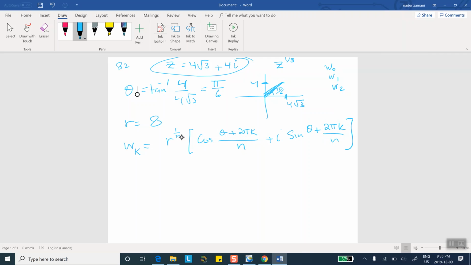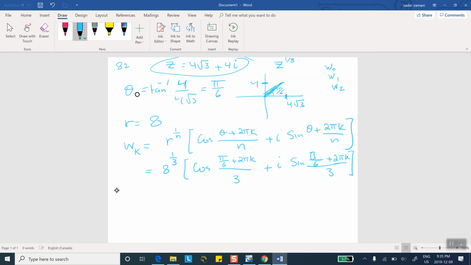Remember, n is 3 here, so that's going to be 8 to the power 1/3. Cosine, and we already did this, it was pi over 6 plus 2 pi k over 3 plus I sine of pi over 6 plus 2 pi k over 3.